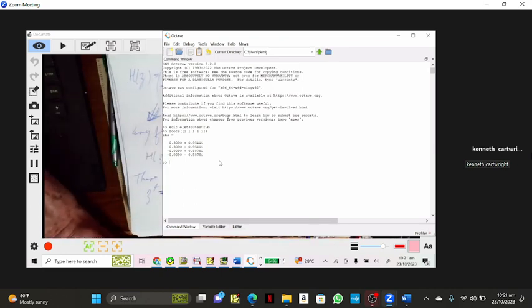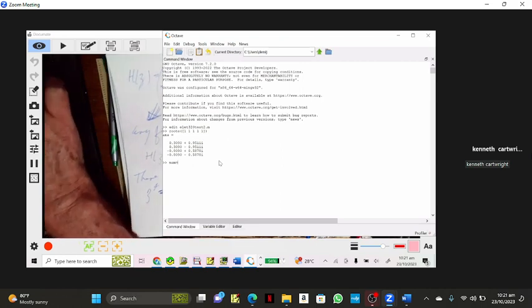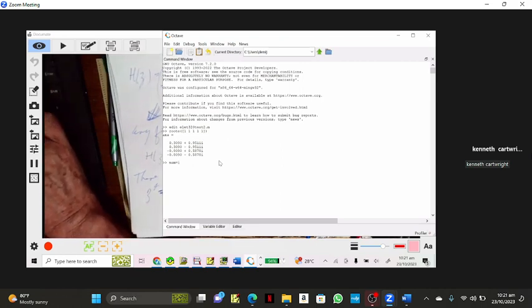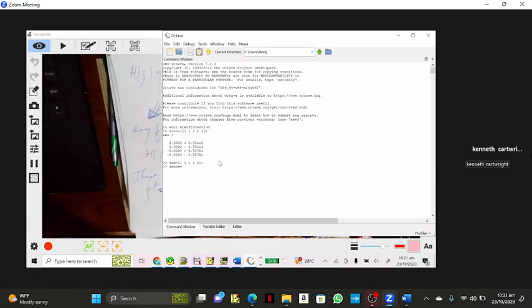So let's do a pole zero diagram. The numerator is 1, 1, 1, 1, 1. What was the denominator?